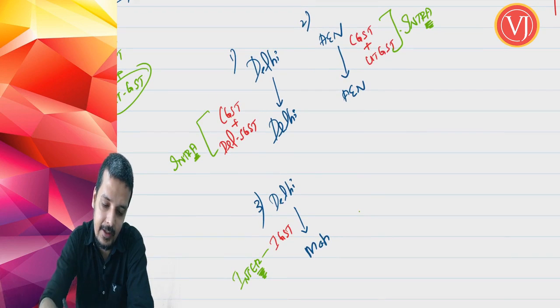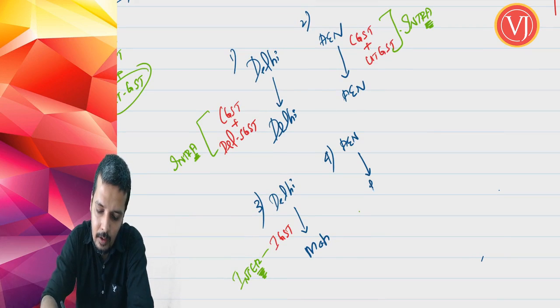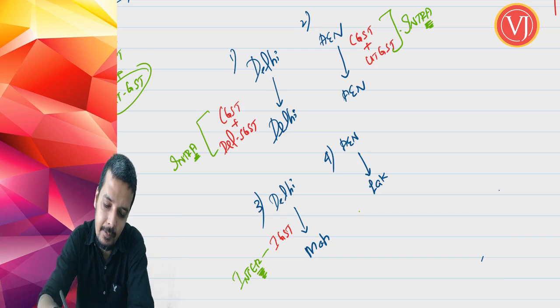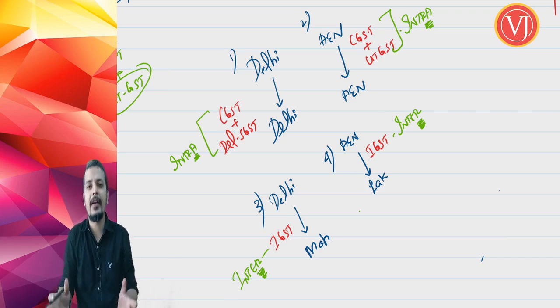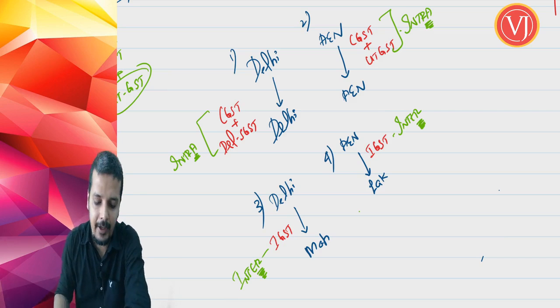And if I tell you that it is Andaman and Nicobar to Lakshadweep, again this happens to be IGST, because again it is interstate supply. You don't call it inter-union territory supply, it is still interstate supply.